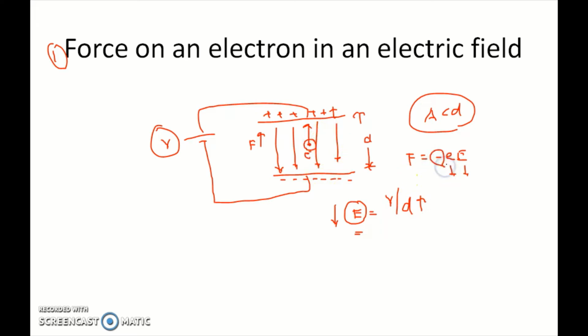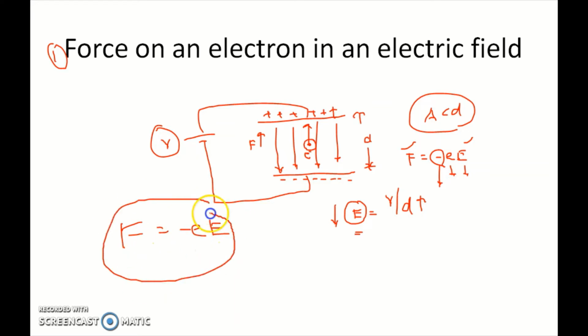Why are we taking the negative sign? Because the electric field exists from positive to negative, but the force is from negative to positive, so F and E are in opposite directions. That's why I'm taking the negative sign. So the conclusion is that the force acting on an electron in an electric field, F, can be taken as minus e into E.